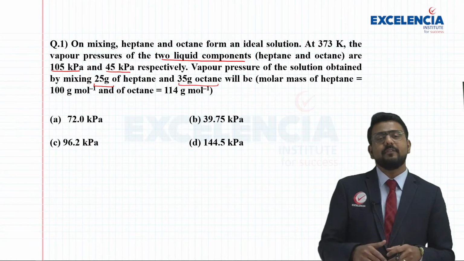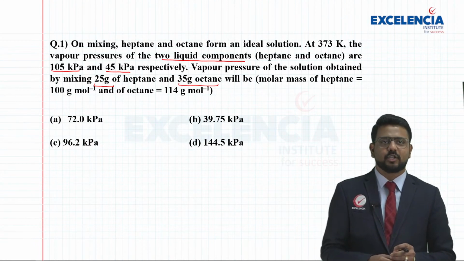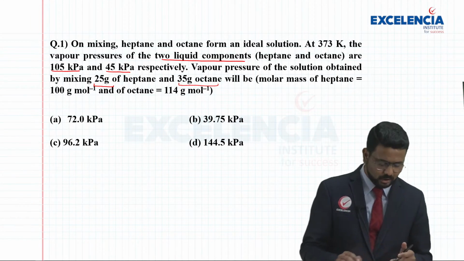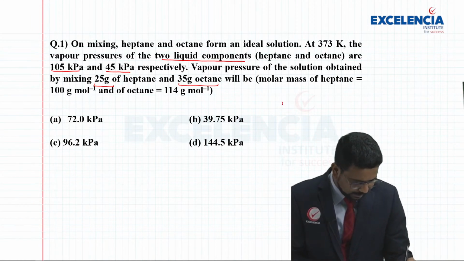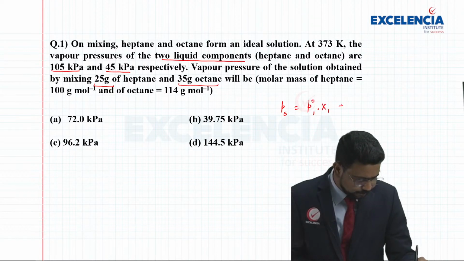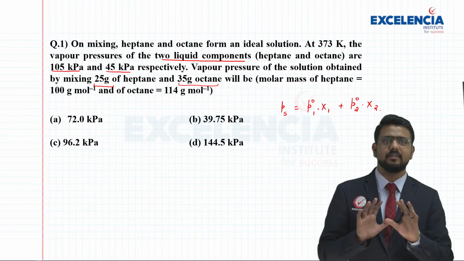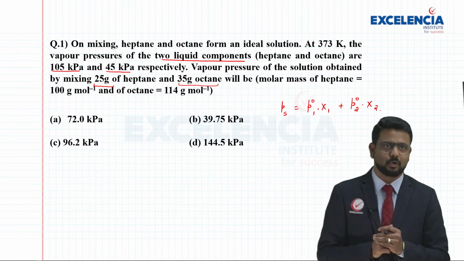To find the total vapor pressure of the solution, we have the formula Ps = P1⁰X1 + P2⁰X2. This is a direct formula for Raoult's law.